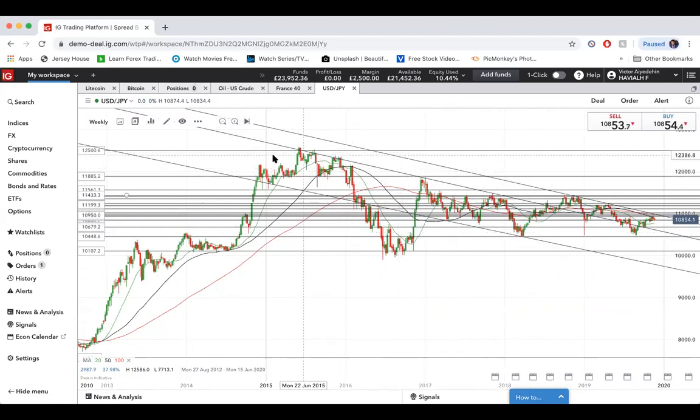So you see that in this falling diagonal channel, this line controls the height of price. Every time price goes up, it pulls back, goes back up again, pulls back, goes back again. So 1, 2, 3, three times price has tested this level and doesn't seem to be able to break it.